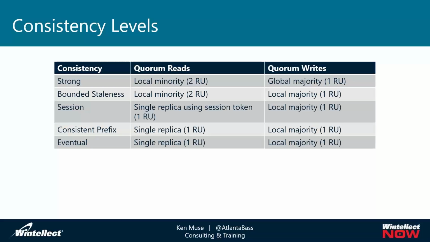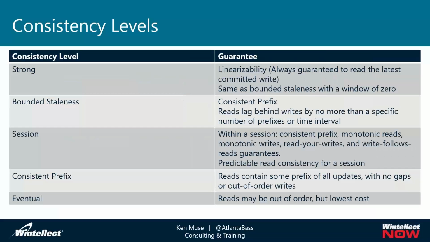And if it hasn't, it's going to need to get that consistency to respond to you. Similarly, as you do writes, the amount of time you wait for that write to be fully acknowledged and then become available depends on how much of the environment is going to have to acknowledge that write operation. While the impact on your request units is minimal, this may change how long it takes to get the response in order to ensure that consistency level.